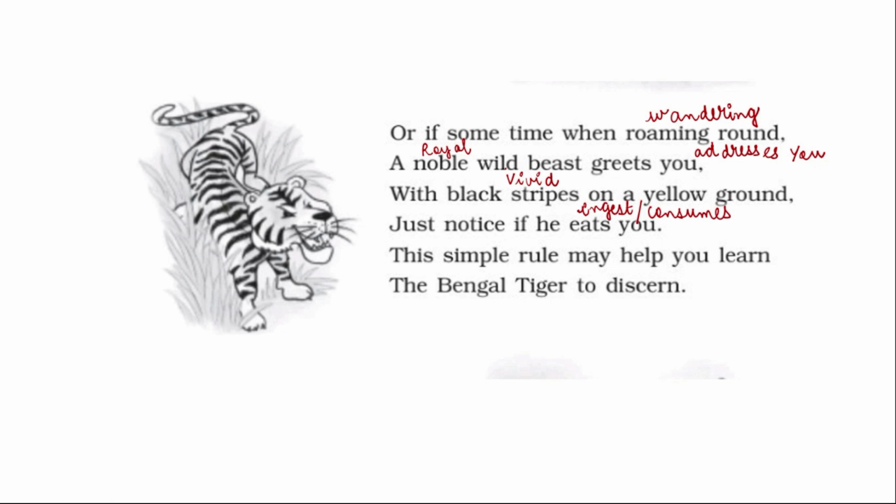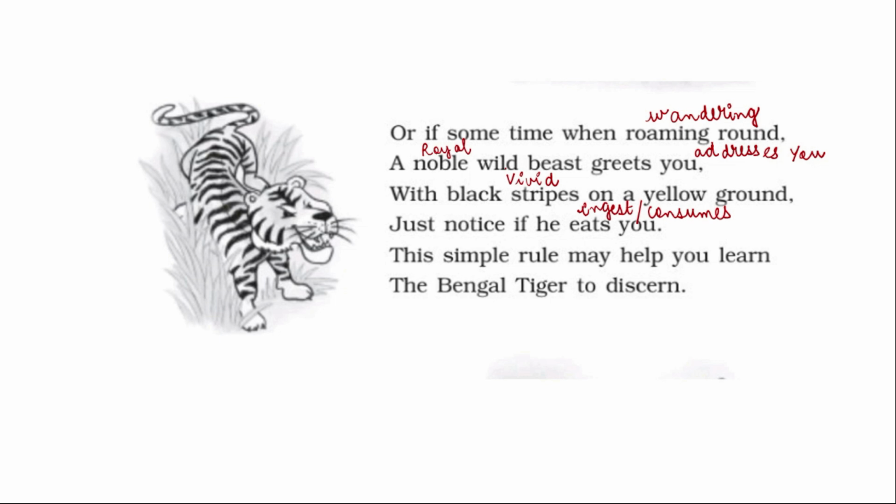So here the description of the tiger is given, with black stripes. A tiger has black vivid stripes on the orange body and on a yellow ground.